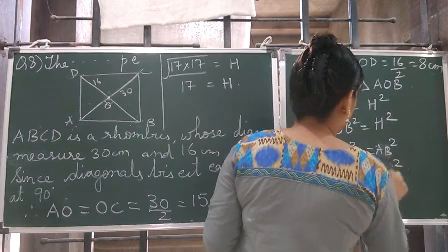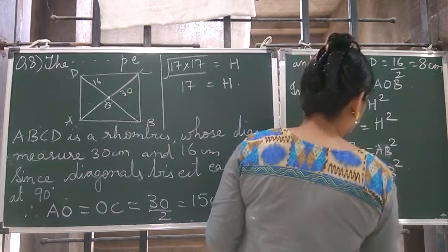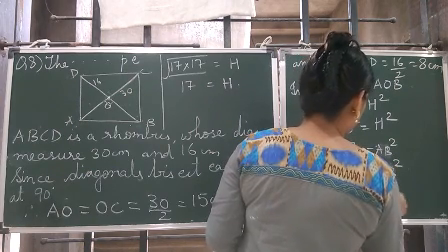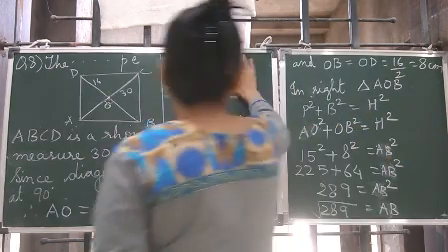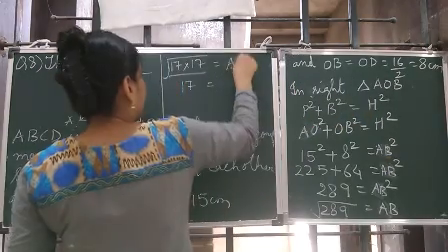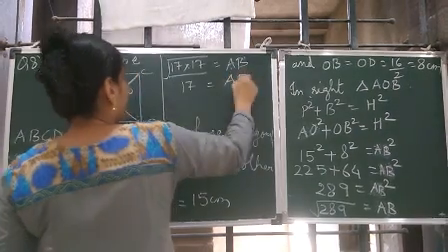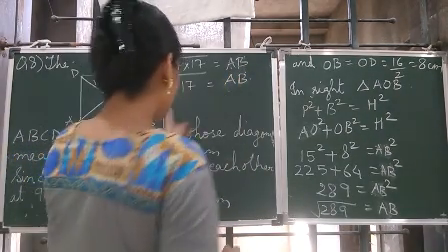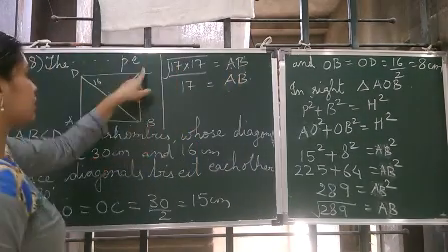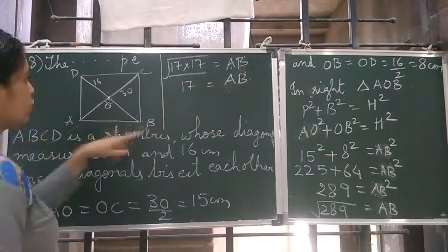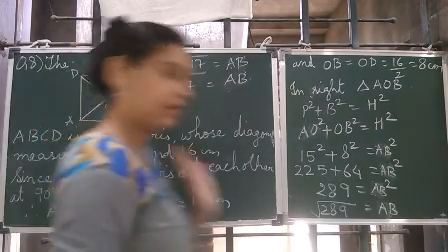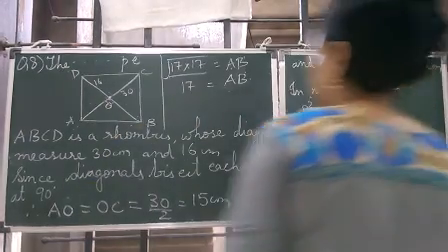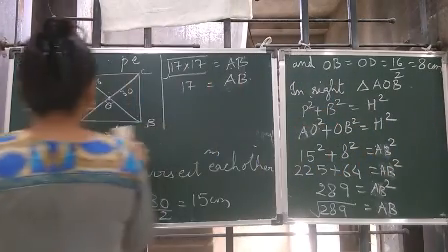So this is AB. Now since it's a rhombus, all sides are the same. So AB, BC, CD, DA, all are 17 centimeters. So we write that.